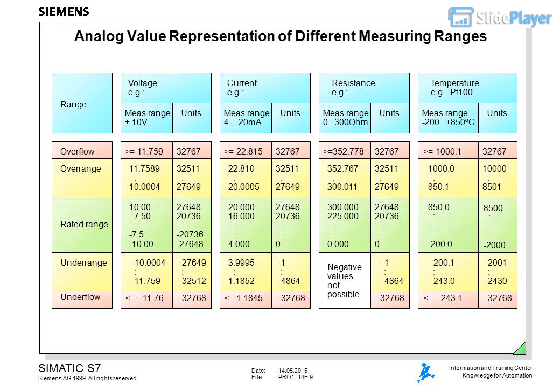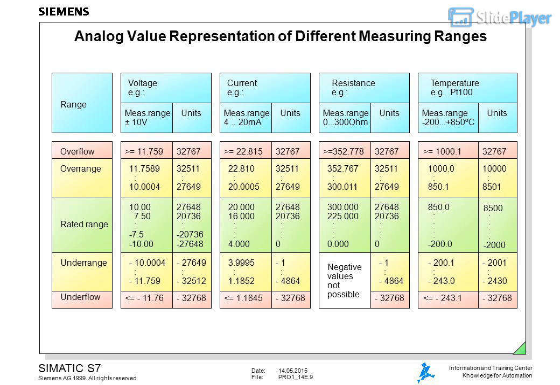For example, from greater than or equal to 22.815, 22.810, 20.0005, 20.000, 16.000, 4.000, 3.9995, down to 1.1852, and less than or equal to 1.1845.